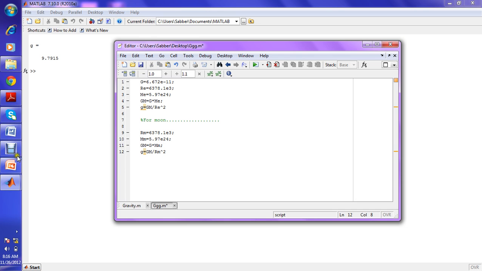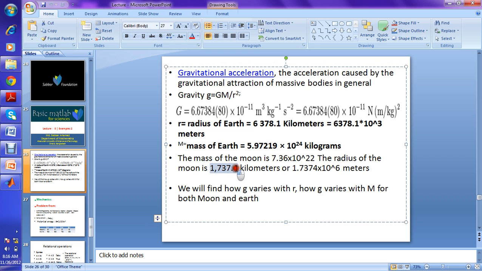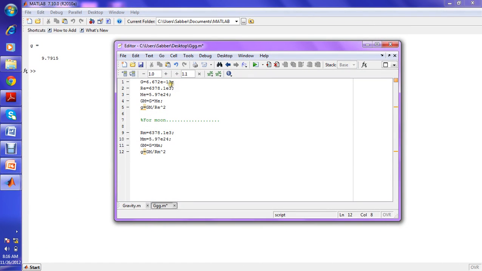What is the radius of the moon? The radius of the moon is 1.7374 times 10 to the power 6.